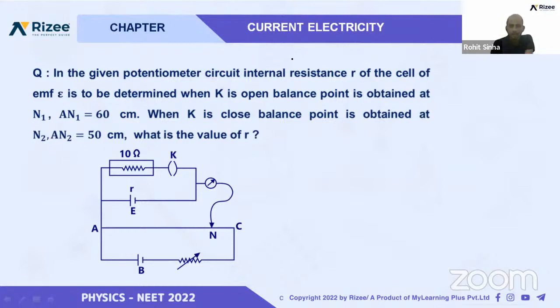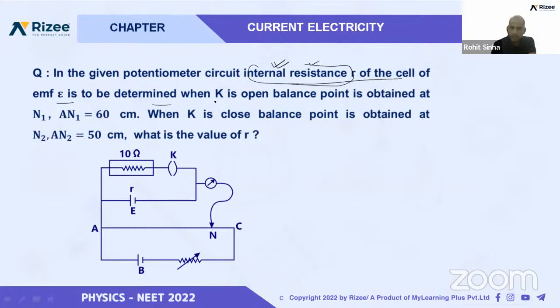Okay, now let us see what is given. It is given that in a potentiometer, the internal resistance R of a cell and EMF E is to be determined. We have to find the value of internal resistance.